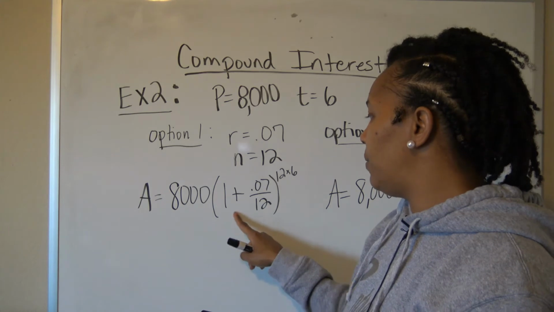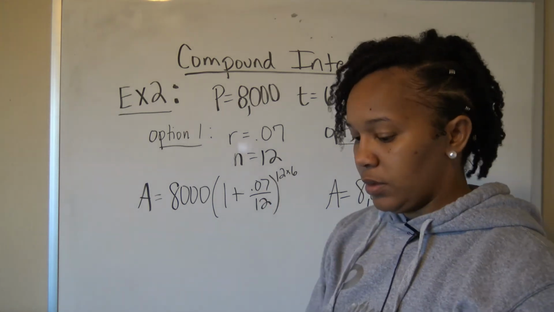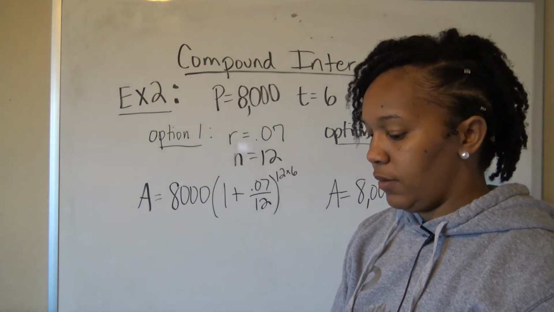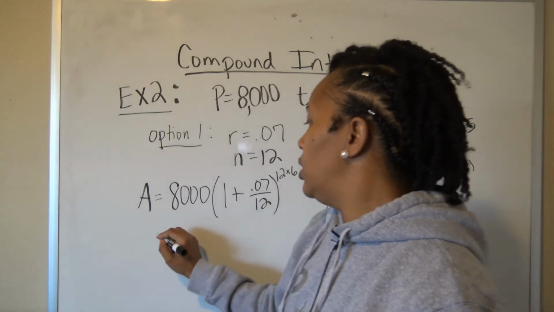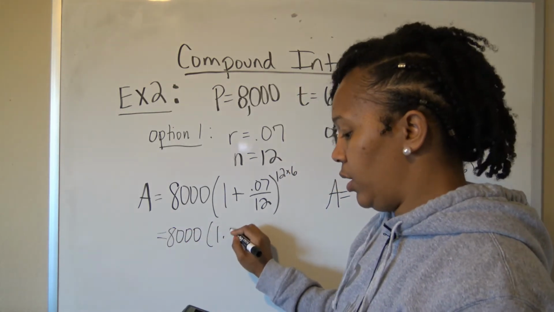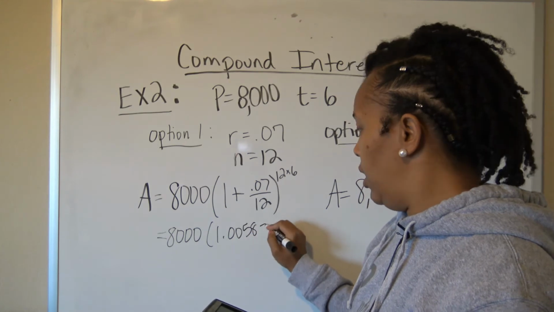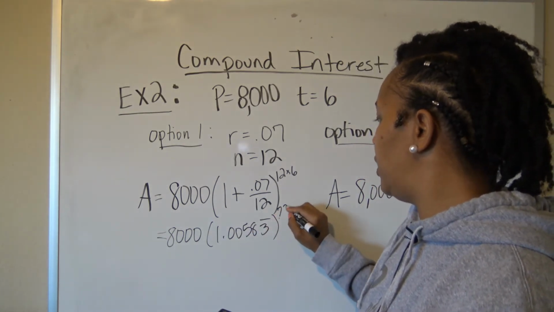If I'm doing this, I would start with the parentheses. 0.07 divided by 12, add 1 to it. You get a repeating decimal, 1.00583 repeating. 12 times 6 is 72.